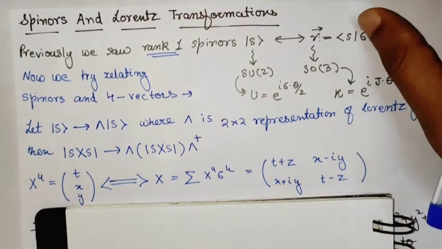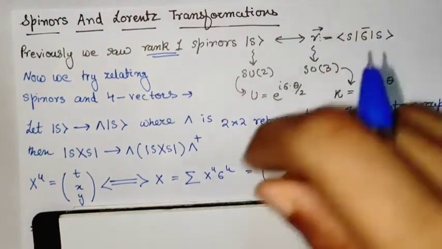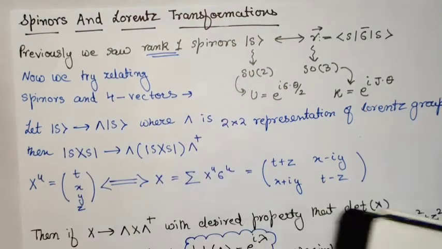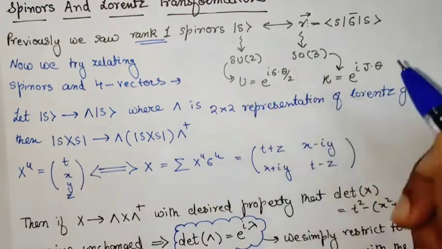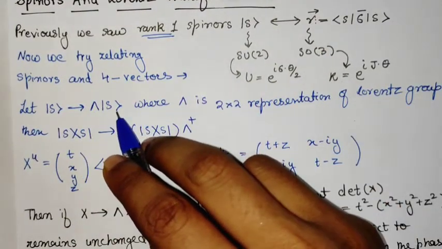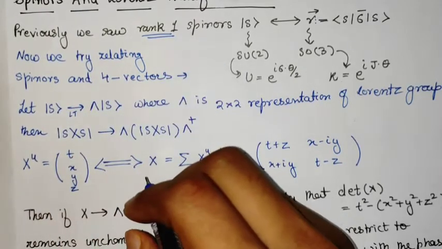Now we will try to understand how we can relate spinors to 4 vectors, like here we related them to 3 vectors. For this we first see that any spinor S, under Lorentz transformation, or change of the inertial frame of reference, transforms via a 2x2 matrix like this.